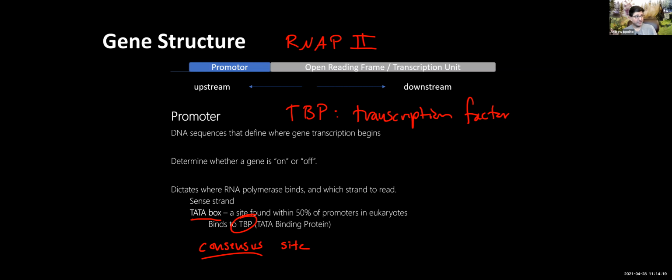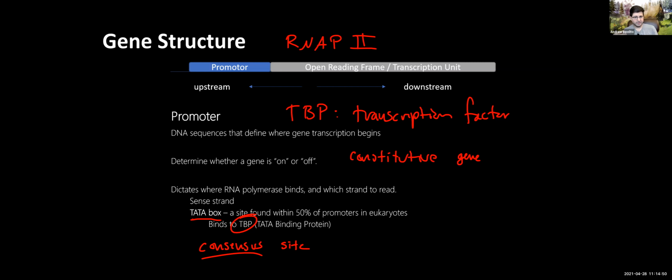Every cell in your body needs a set of genes on all the time. We call these housekeeping genes. Think about the genes necessary to make ATP and lipids and proteins. Those genes that are always on, we call those constitutive genes. A constitutive gene is a gene that's always on. You would say it's constitutively expressed.